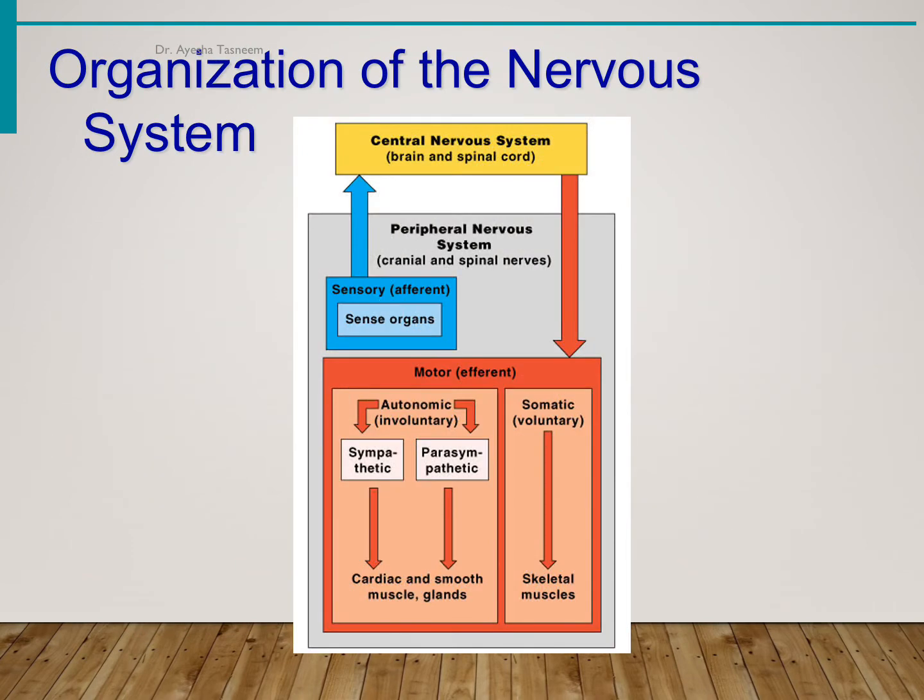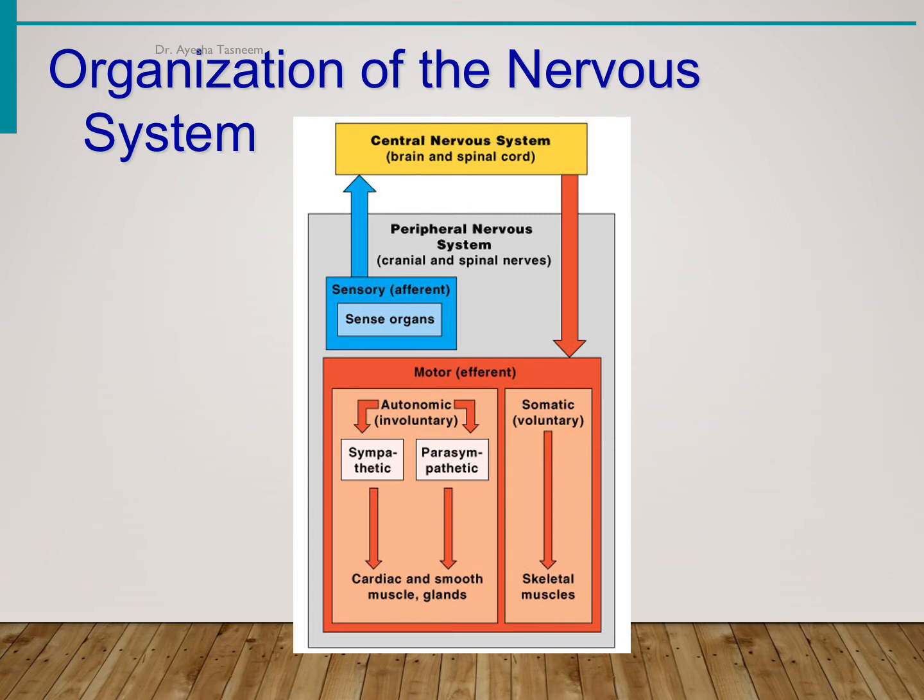Here you can see a schematic diagram in which the interaction of the CNS, the central nervous system, and the peripheral nervous system is clearly shown, which we discussed previously in the functions of the nervous system. In this, you can see a blue box showing sensory organs that perceive the external stimuli, and they give the information to the central nervous system.